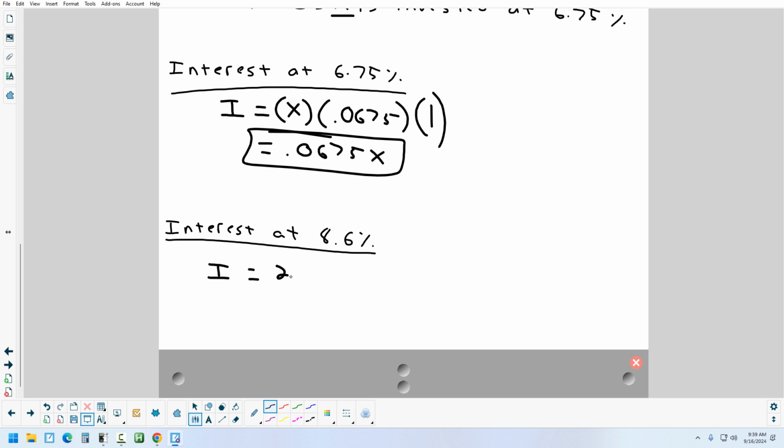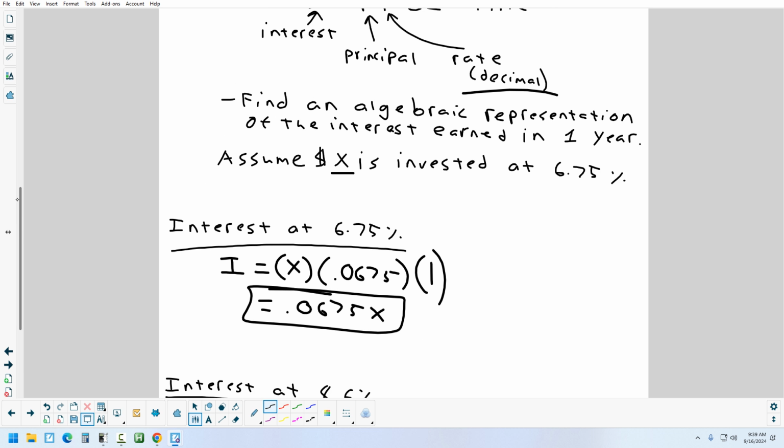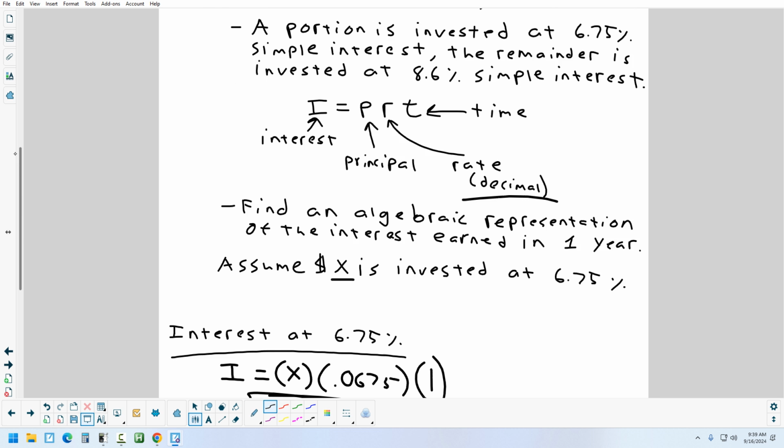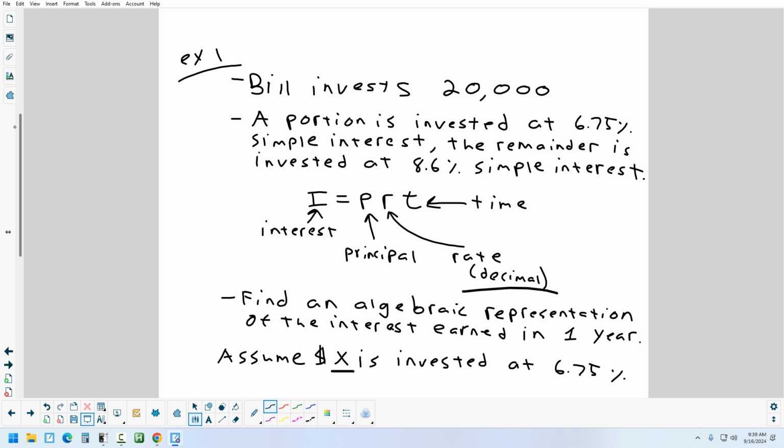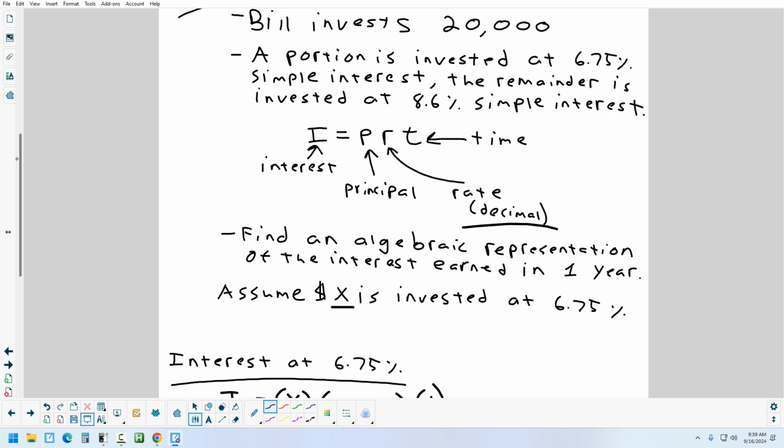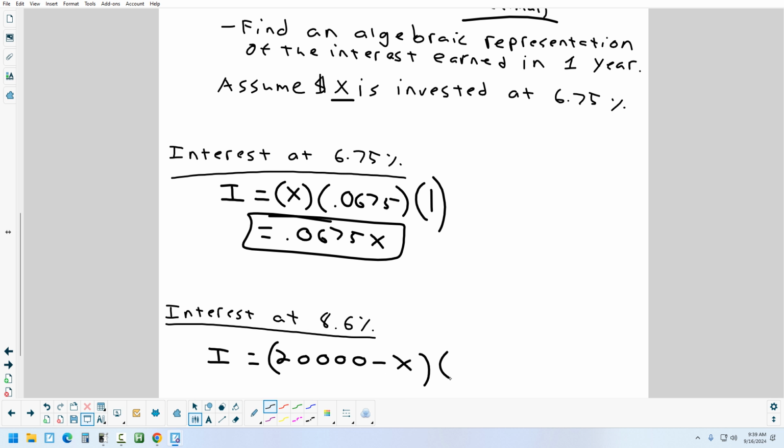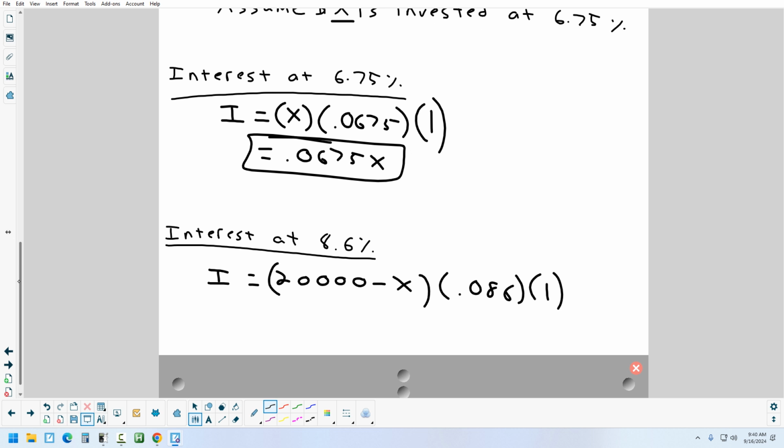It's the total we had minus what we already invested previously. So 20,000 minus X. My interest rate is 0.086. And again, the time is 1 year. This time, though, we do have a little bit more simplifying. We've got to do the distributive property.